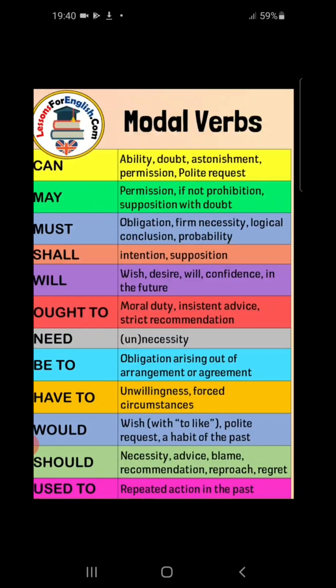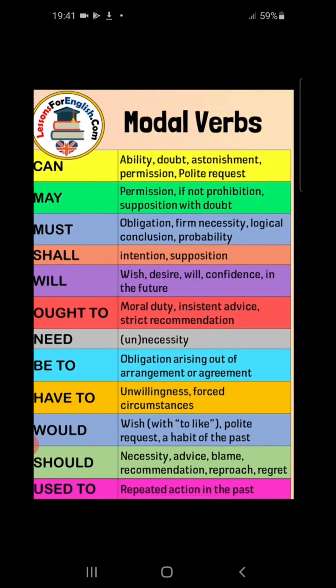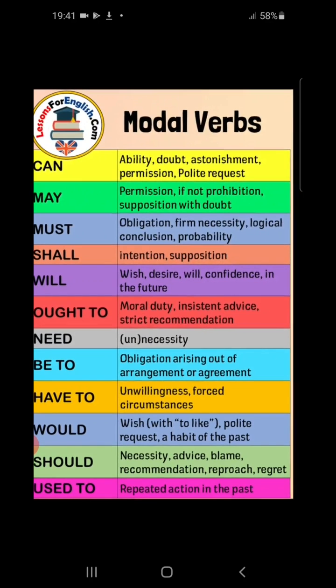Supposition with doubt. Students, if you are supposing something, if you are guessing something, you are not totally sure of that or what is going to be its result. So, supposition: you are supposing something and you are having doubt.